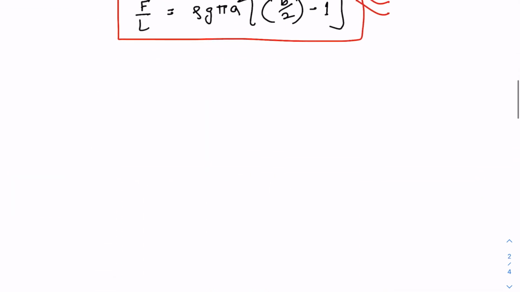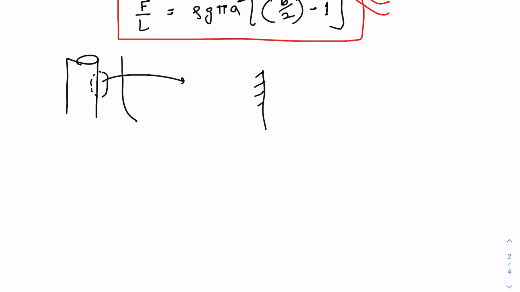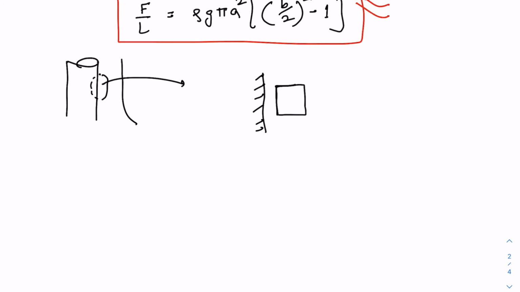If you zoom in closely near the rod and draw a fluid element here, this is positive r, positive z.